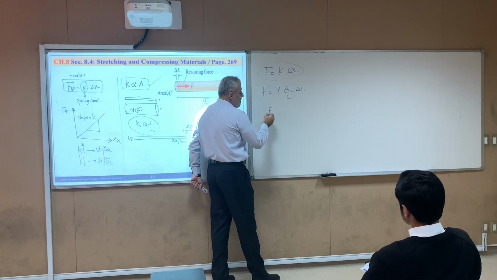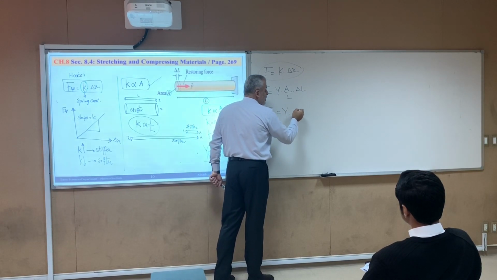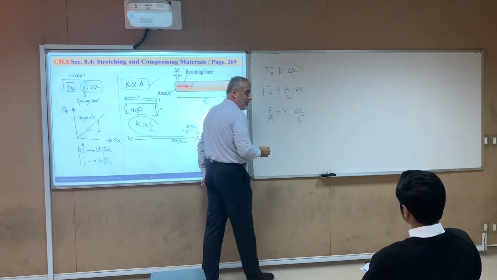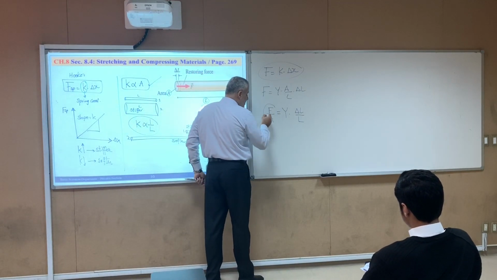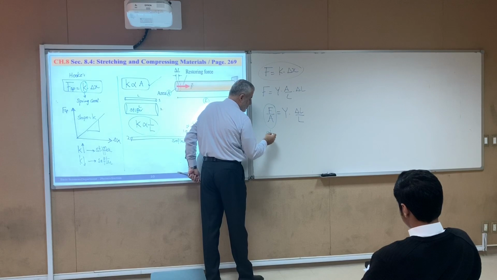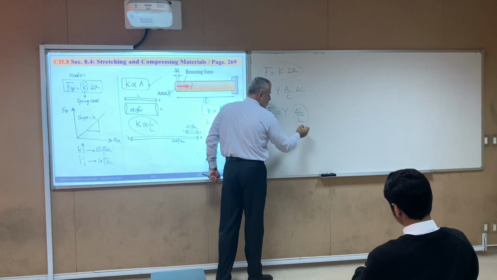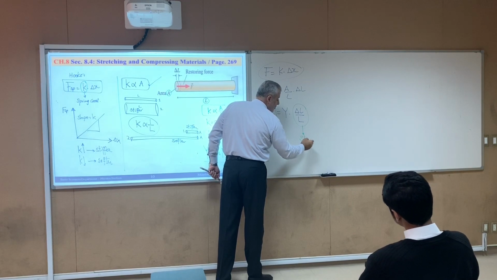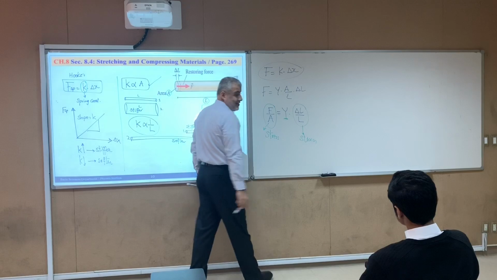So it's going to be F over A equals Y delta L over L. This is a very, very important formula. We call this the stress. I'm sure that you heard about this word. And delta L over L we call the strain. And of course, Y is the constant.